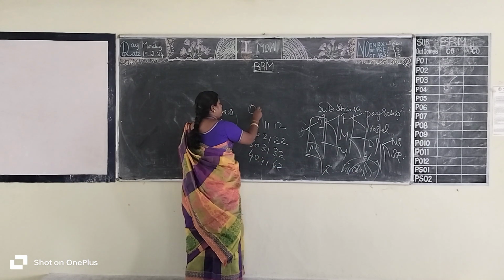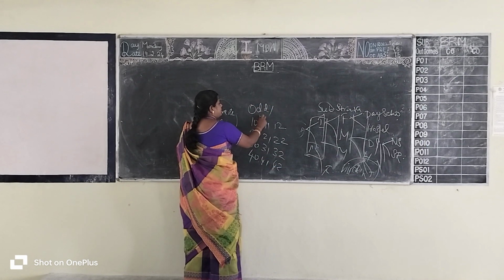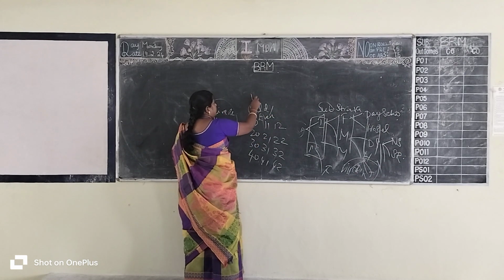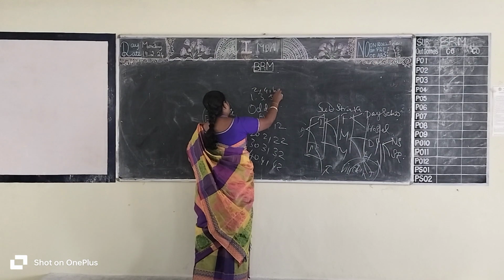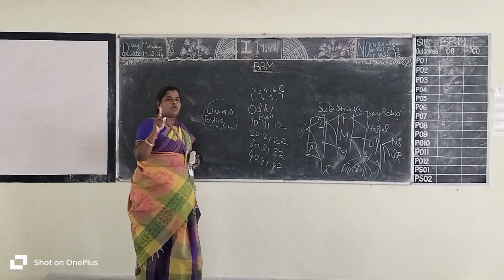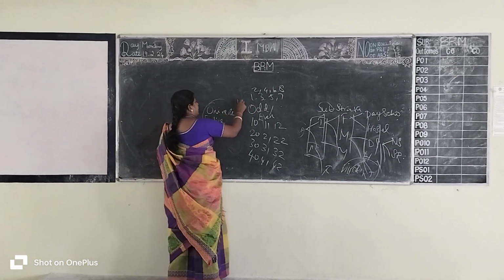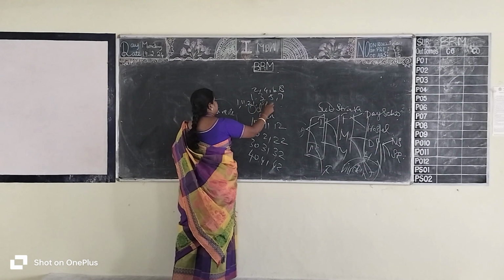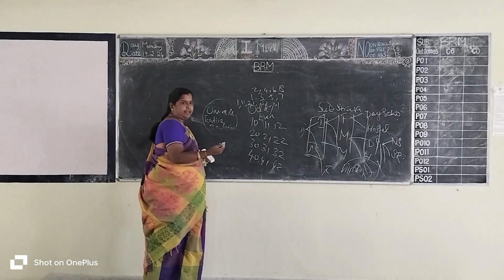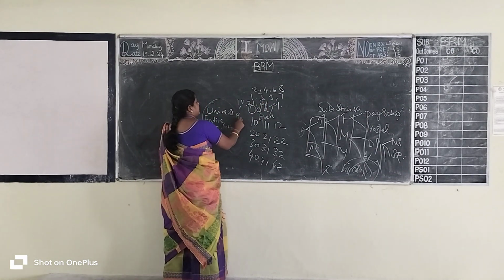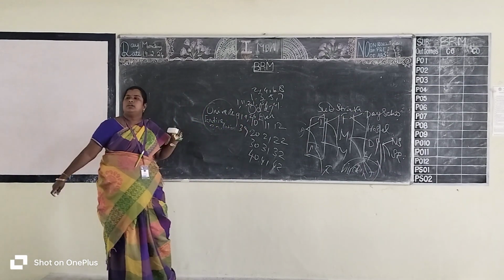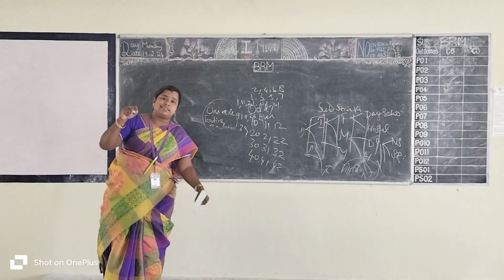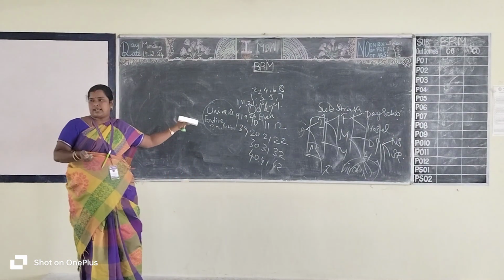Or odd numbers, even numbers: odd numbers 1, 3, 5, 7, even numbers 2, 4, 6, 8. Or numbers ending in one: 1, 11, 21, 31, 41. Or numbers ending in 9: 9, 19, 29, 39. This is what is systematic. I am following a certain systematic procedure to collect the data.